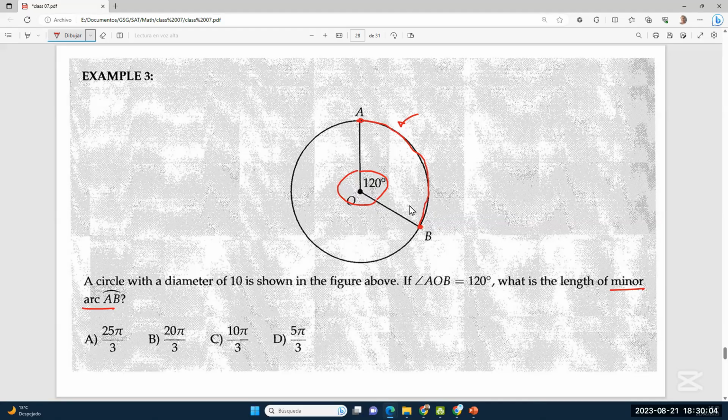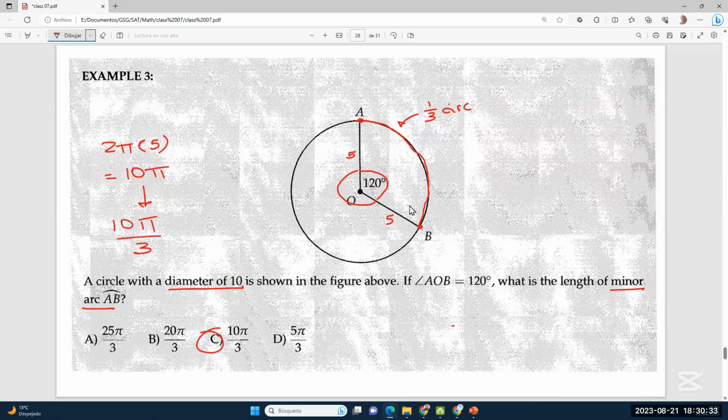Since the diameter is 10, each radius is 5. So what is the circumference? It's 10 pi. And what is the third part of the circumference, as it should correspond to this arc? Simply 10 pi over 3. And that's it.